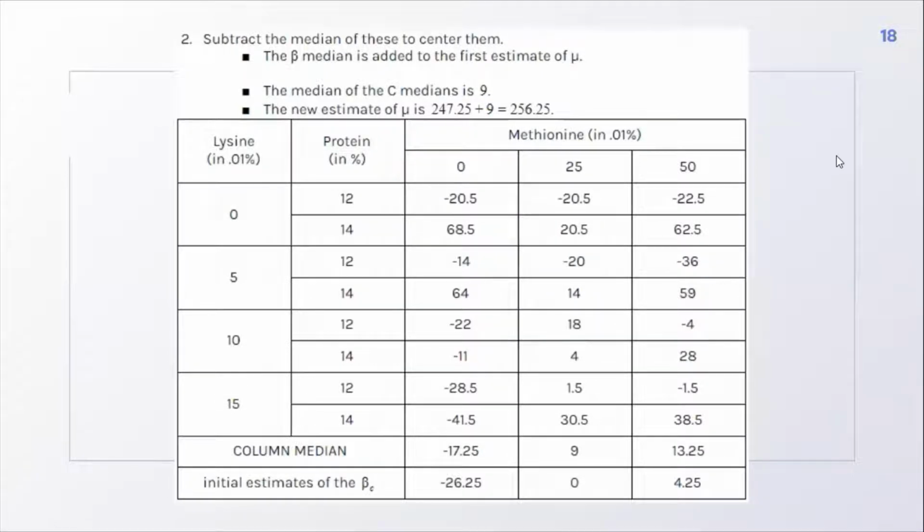The result will now be the estimates for the effects of each level of factor B or methionine. And the median that we subtracted will be added to the first estimate of the overall value. Thus, our estimate for mu is now 256.25.